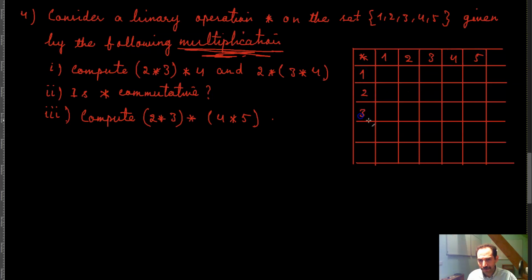Then the rows are: 1, 1, 1, 1, 1; then 1, 2, 1, 2, 1; then 1, 1, 3, 1, 1; then 1, 2, 1, 4, 1; and then 4 ones and a 5.